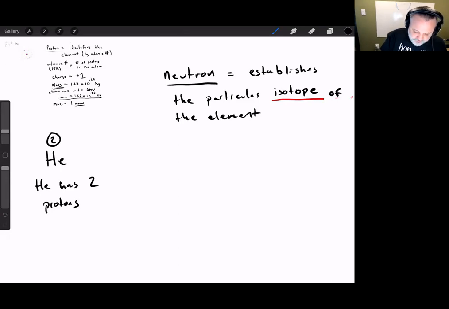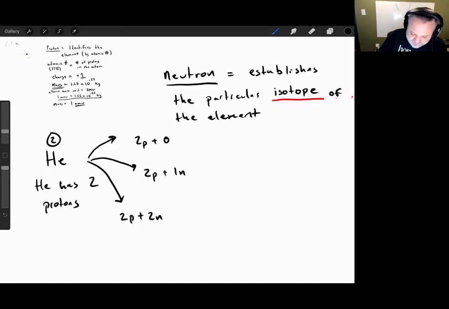But there's several different types of helium. I told you about one type that has 2 protons plus 2 neutrons, but there's another type, one that has 2 protons and 1 neutron, and one that has 2 protons and 0 neutrons. All of these things are helium, but they're different isotopes.